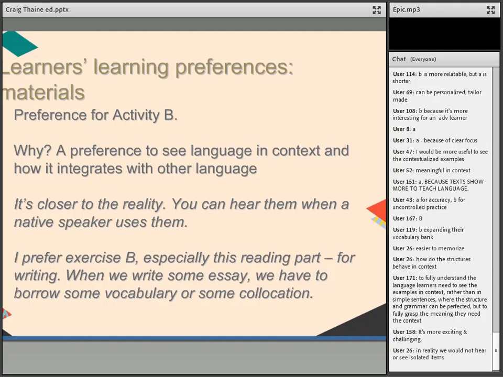They'd be exposed to more grammar, more vocabulary, collocations, that kind of thing. So they saw that these texts were a source of language, not only for the language point they're focusing on, idioms, for example, but also for other bits of language that they could actually look at. So they had a definite preference for these language-rich environments.